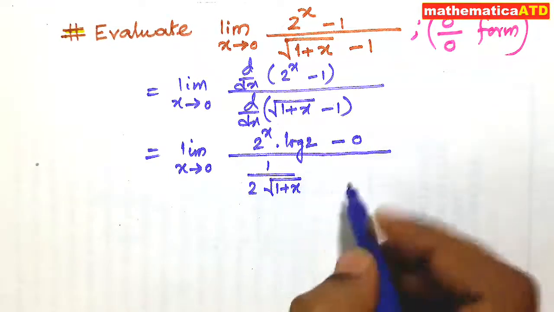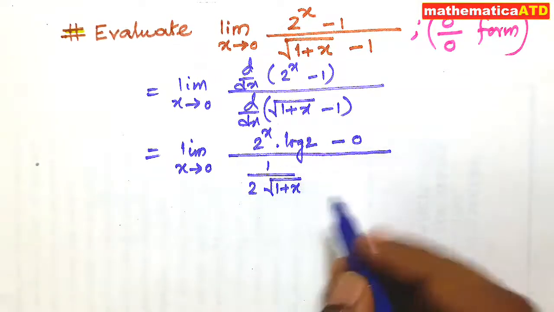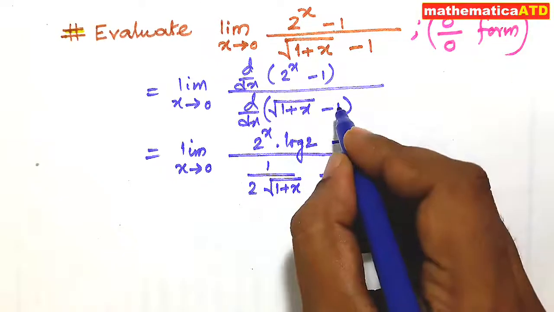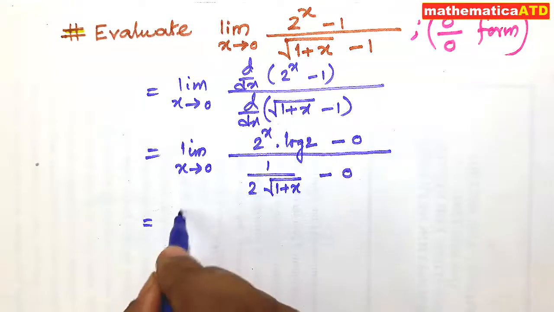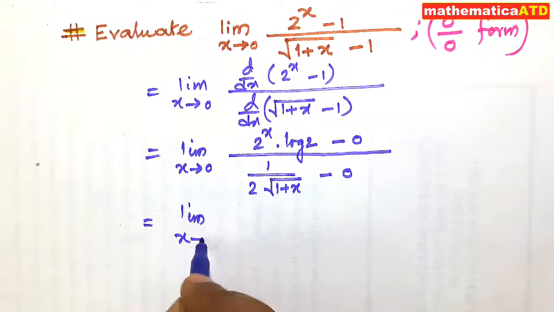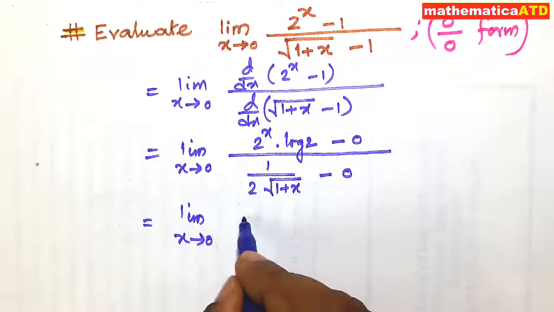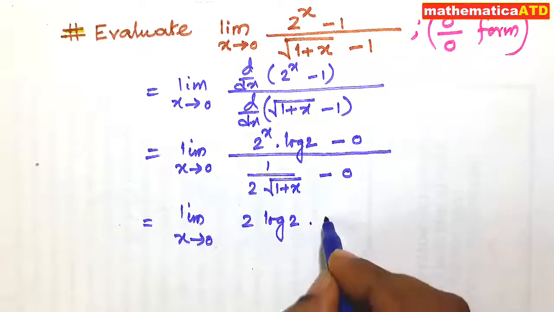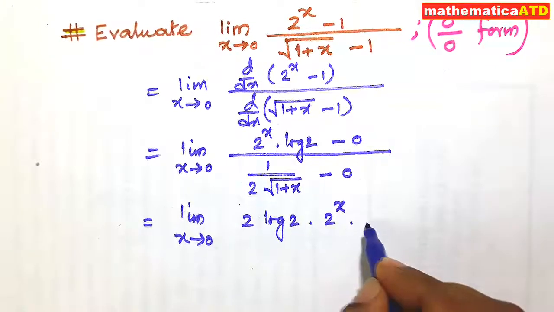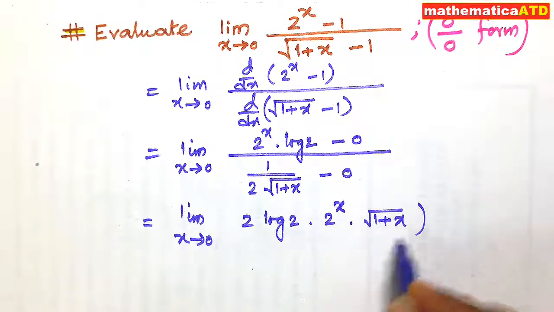So into 1 we have no need to write 1, minus the derivative of 1, this is 0. So we can write limit x tends to 0 of 2 log 2 into 2 to the power x into root over 1 plus x.